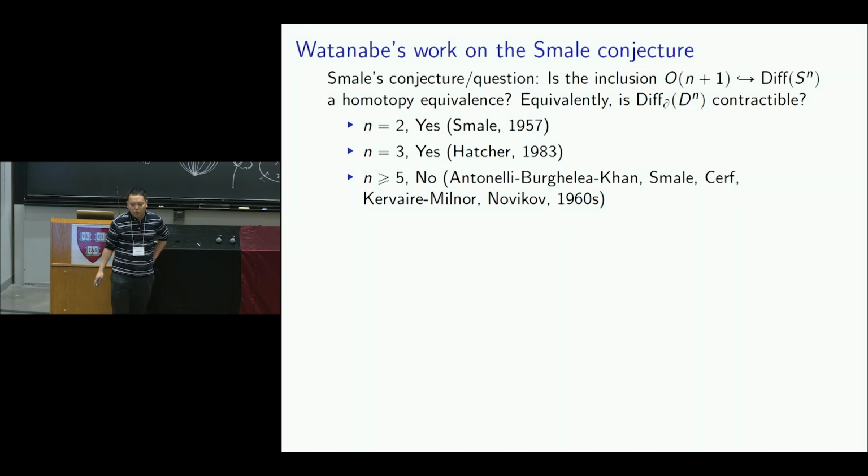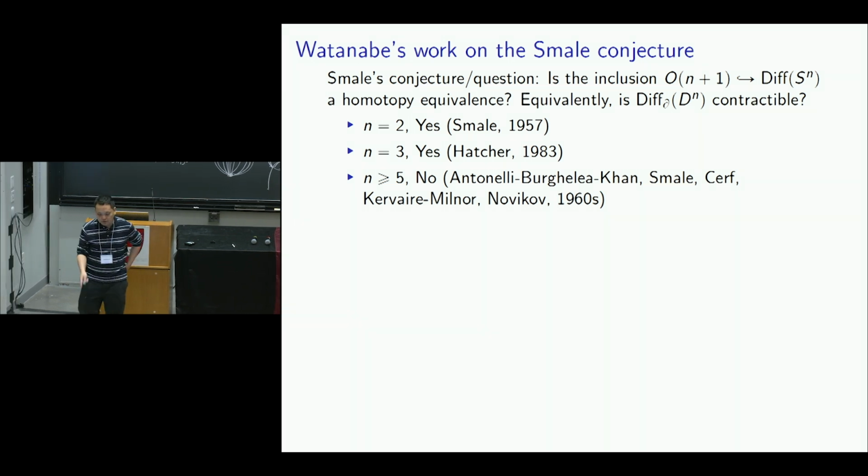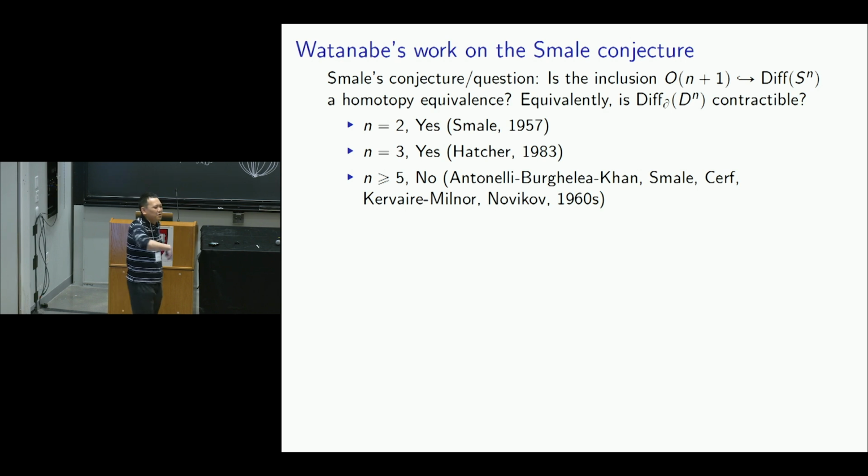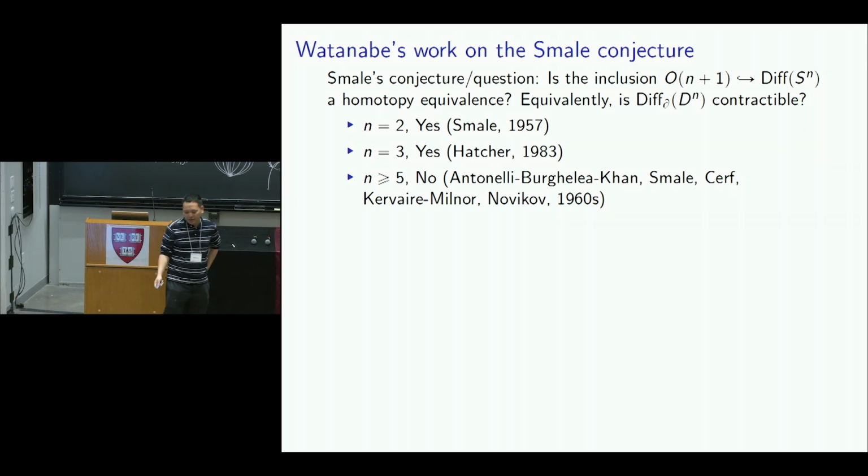So the conclusion is that the answer is always no in dimension greater than or equal to 5. This inclusion is never a homotopy equivalence in higher dimensions. In other words, there are interesting families of diffeomorphisms of the disk fixing the boundary. As you can see, these are pretty old theorems. After Hatcher's work, the only open case is dimension 4.